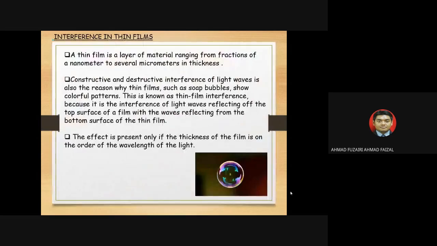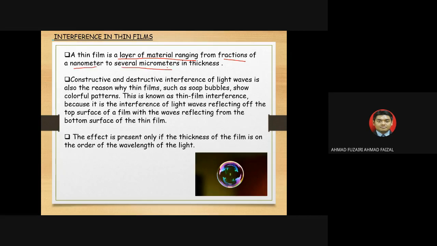Okay, so this is all about single slit. But before that, we need to at least describe the interference in thin films. So what is a thin film? A thin film is a layer of material ranging from fractions of a nanometer to several micrometers.